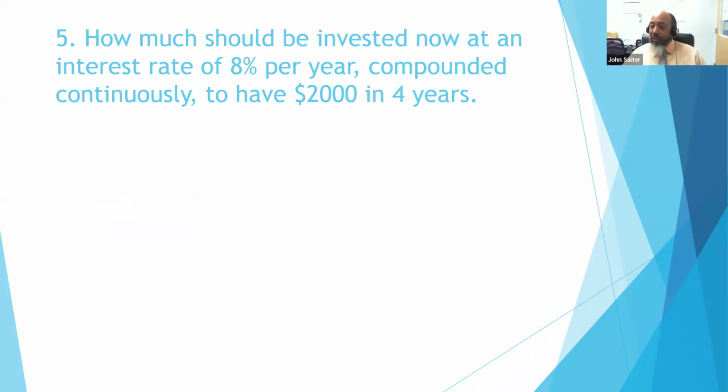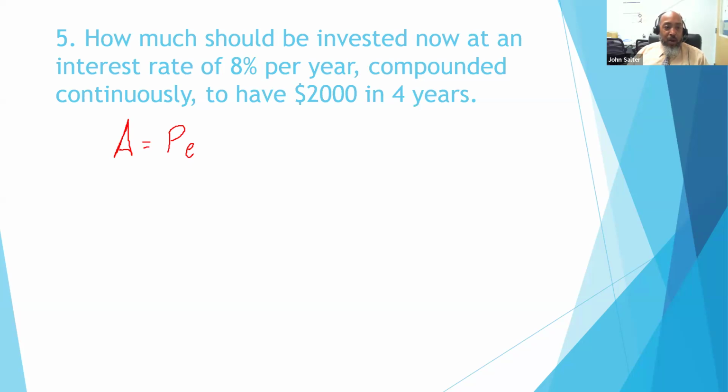How much should be invested now at an interest rate of 8% per year, compounded continuously, to have 2,000 in 4 years? So my general equation looks like this. It's my PERT equation. It's very important that I write it correctly.